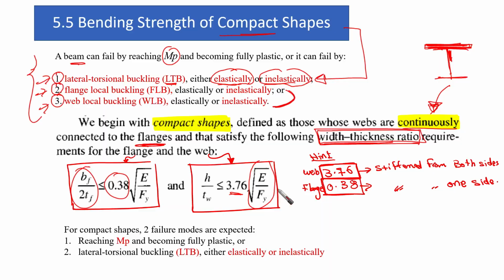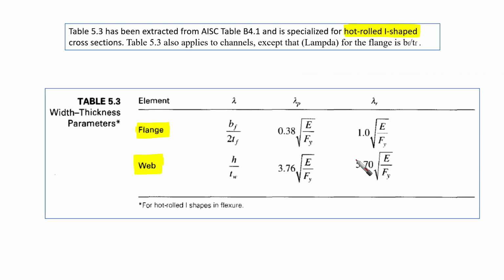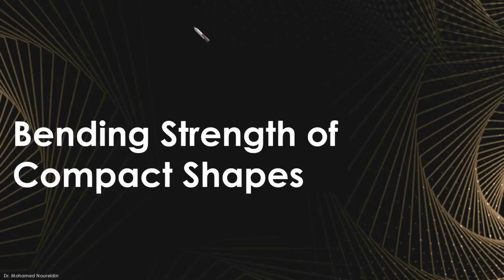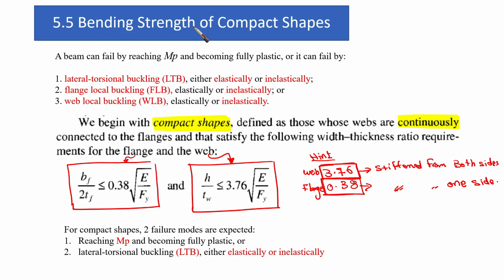From where did we get this? Go back to this table. This is lambda p, the upper limit for compact. You can find these in the textbook table or Table B4.1 in the specification. Now, for compact shapes, two failure modes are expected.